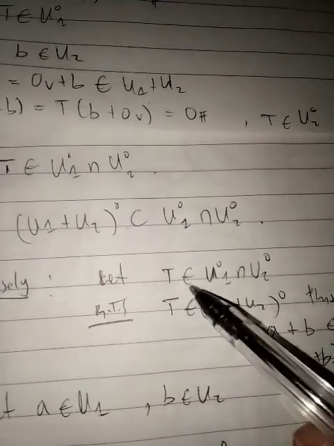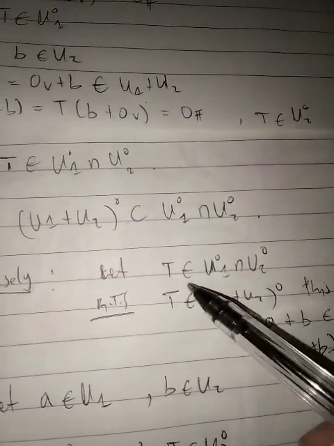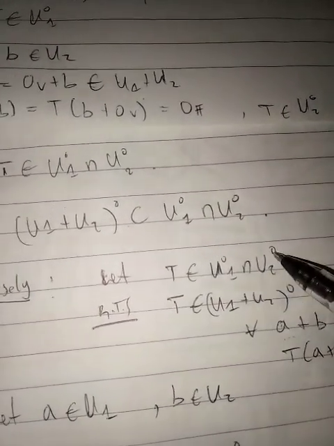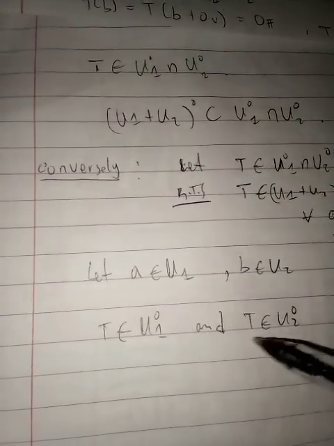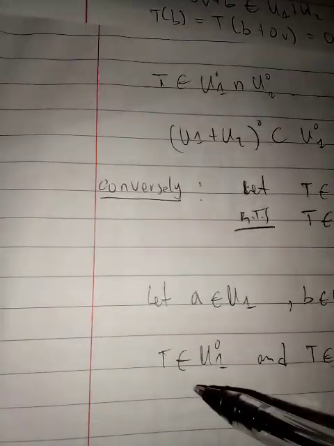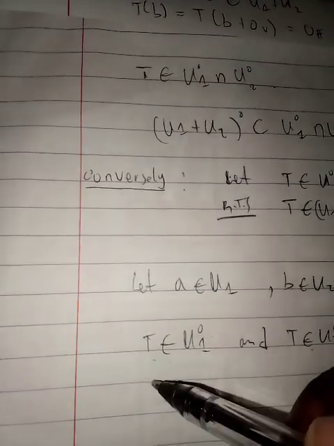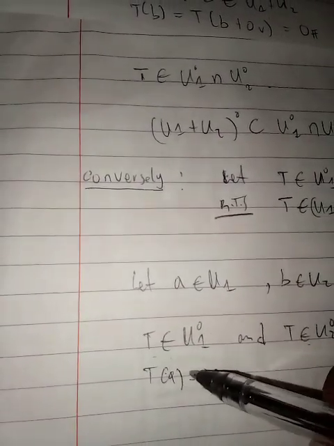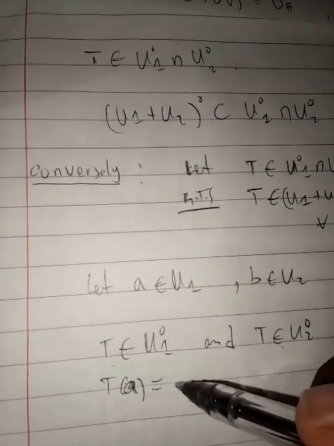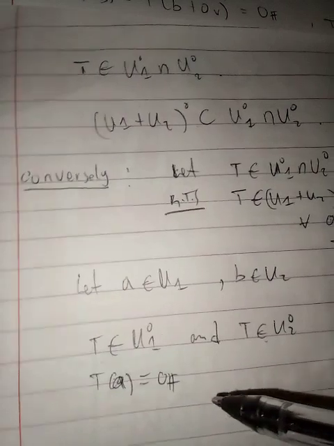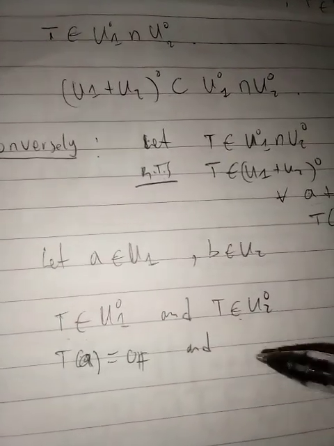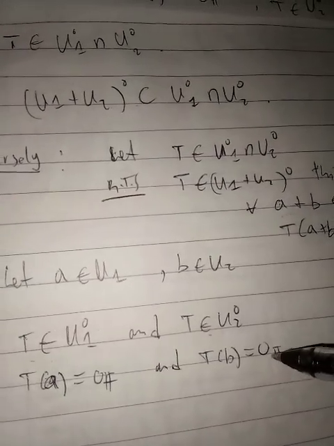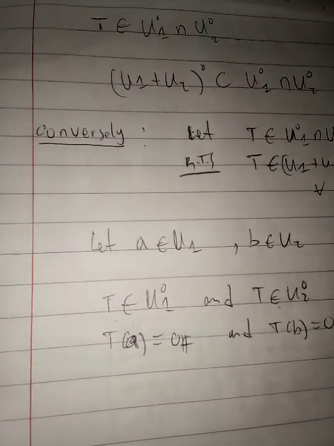Because t is an element of the intersection of these two, that means t is an element of the u1 annihilator and t is an element of the u2 annihilator. I wrote it down here. And t being an element of the u1 annihilator means t of a is equal to 0 of F, and t of b gives us 0 of F.